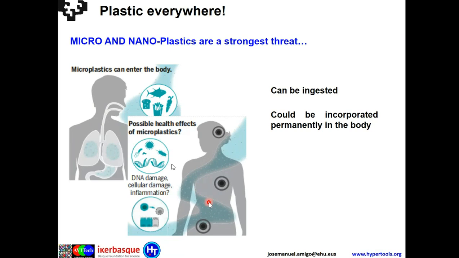So actually, we wanted to demonstrate that. We wanted to show that when plastics are smaller than 1 micron and you swallow them, there might be a risk of incorporating them into our muscles.